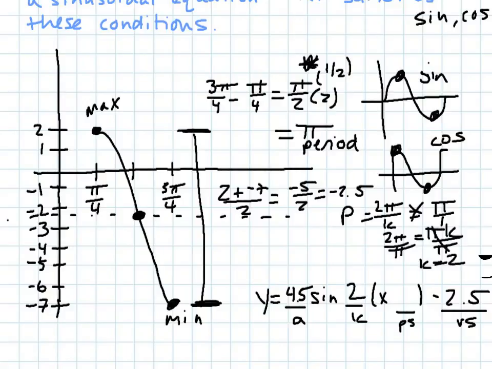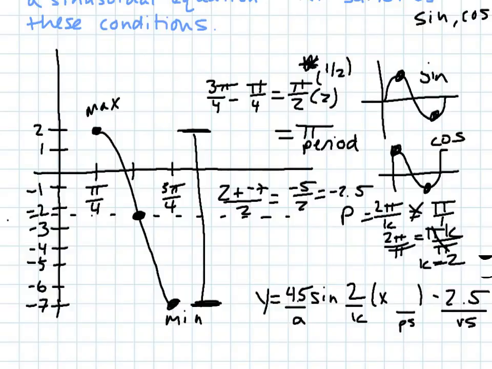So I found my k. Now the nice thing here is no matter what I do for the trig function, the amplitude, the k value, and the vertical shift will always be the same for each and every equation you do for any given problem. So if I chose to do cosine, it would be the same. The only thing that would really change is your a would be a positive or negative value, depending on where you started.